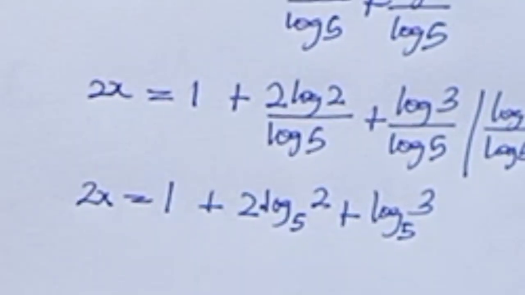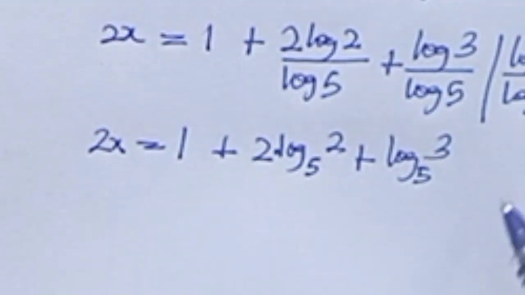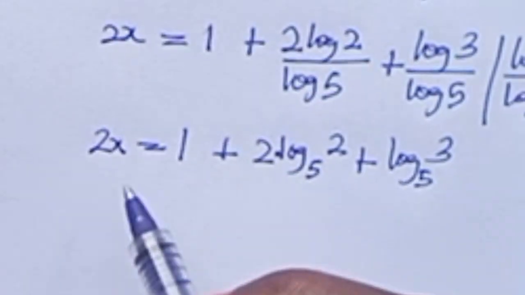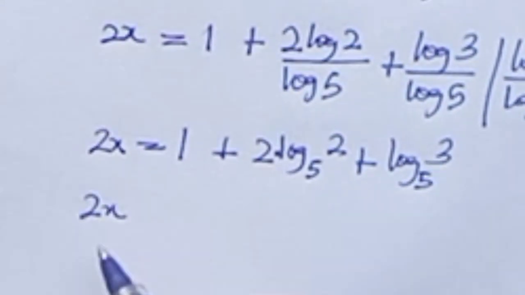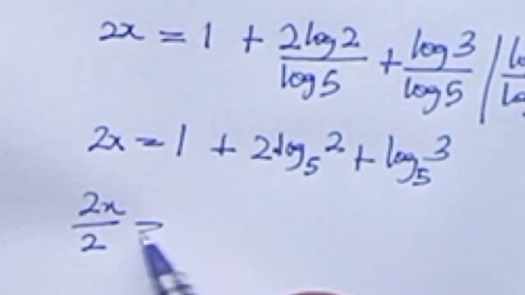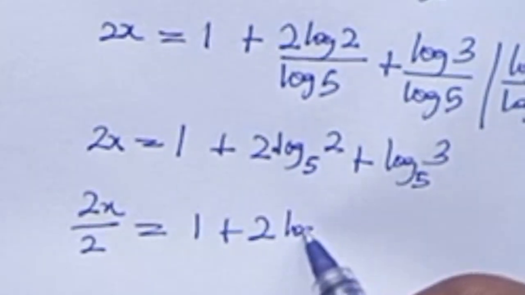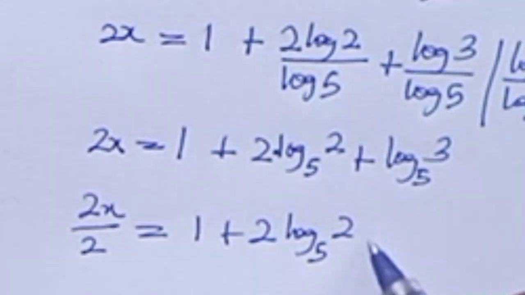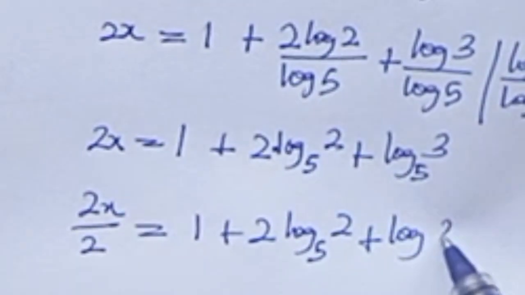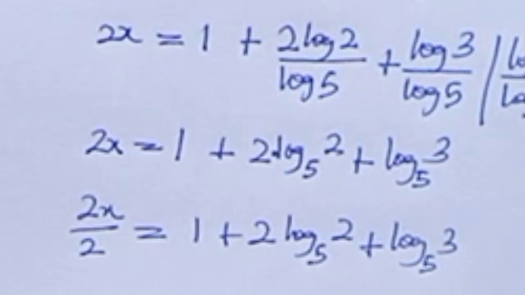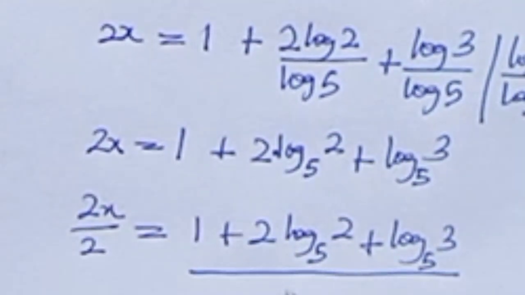For this, we're going to divide both sides by 2. That is 2x over 2 equals 1 plus 2 log 2 base 5 plus log 3 base 5 all over 2.